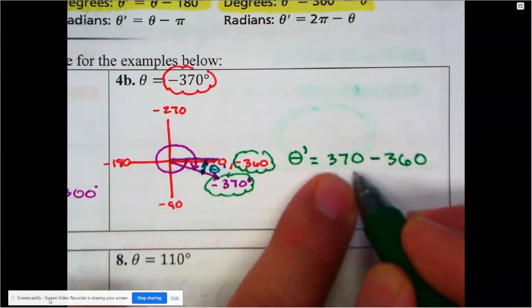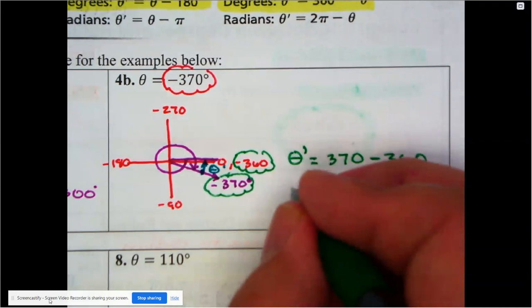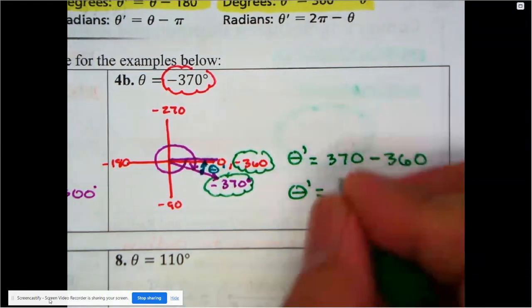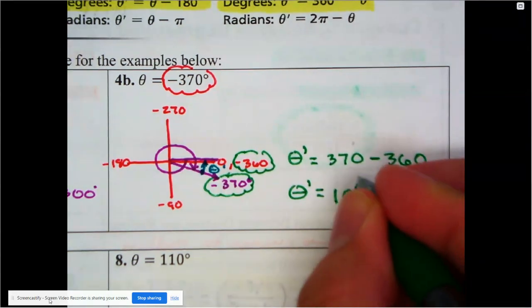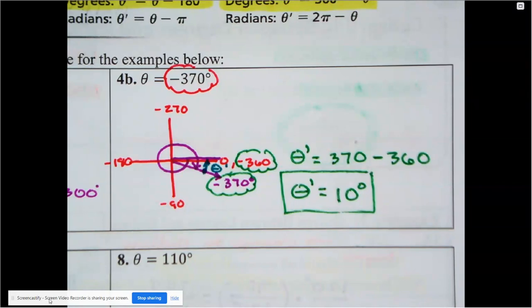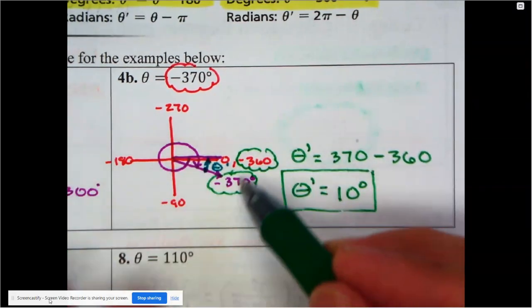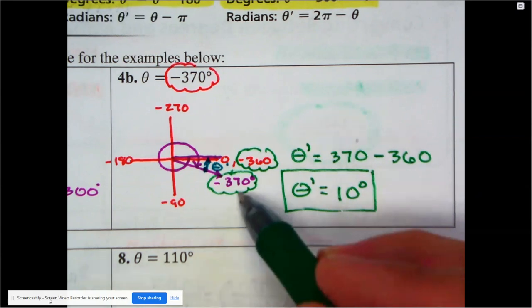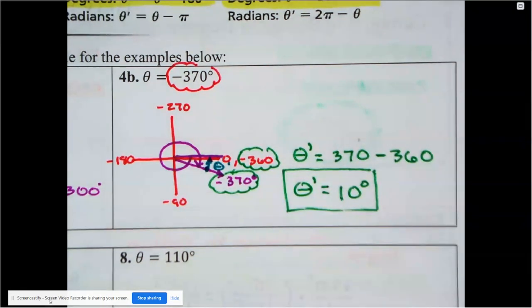I'm going bigger number minus the smaller number. So that's why my theta prime, my reference angle, is simply just 10 degrees. And there's my reference angle. Okay? So yes, think of it as you're taking absolute values. Reference angles need to be positive anyways. Just go with the 370 and the 360. Okay?